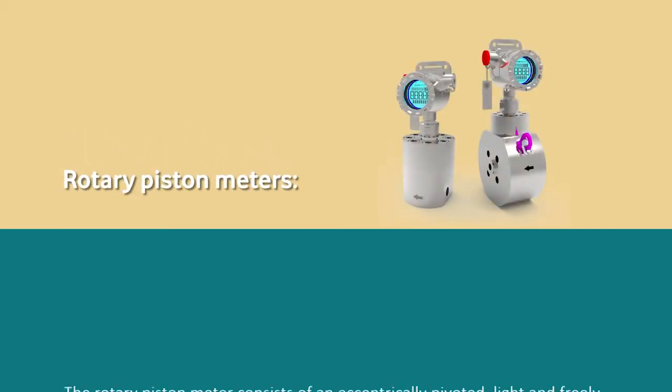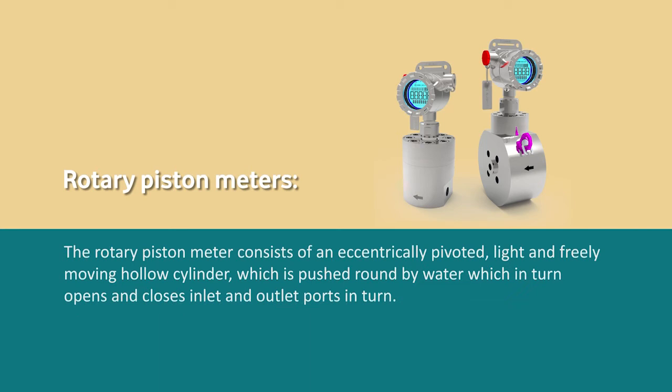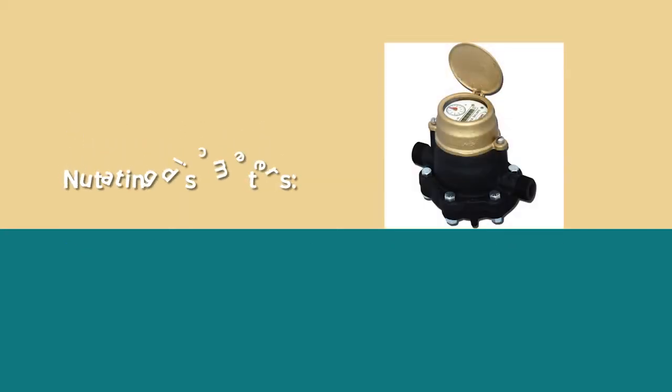Rotatory piston meters. The rotatory piston meter consists of an eccentrically pivoted, light and freely moving hollow cylinder which is pulled round by water, which in turn opens and closes inlet and outlet ports in turn. Nutating disc meter.